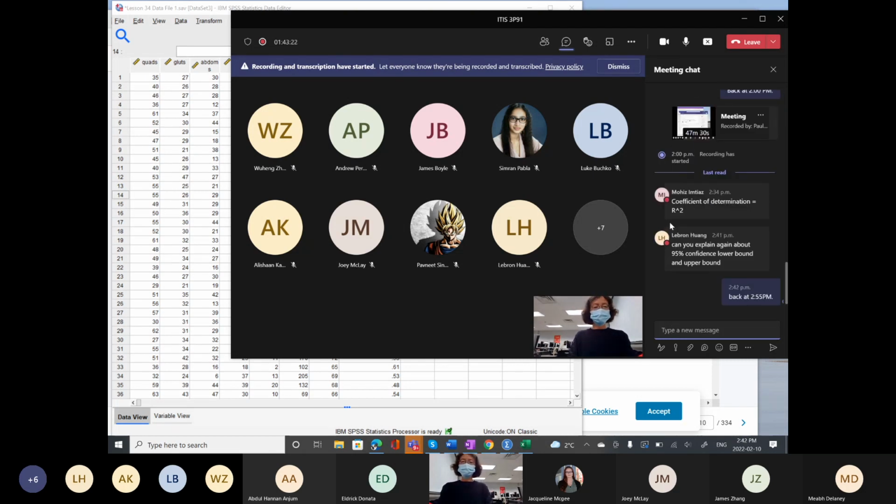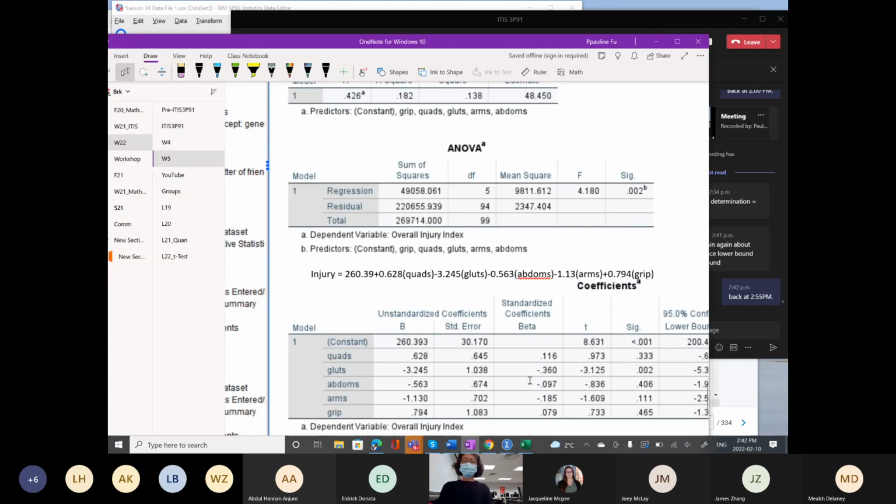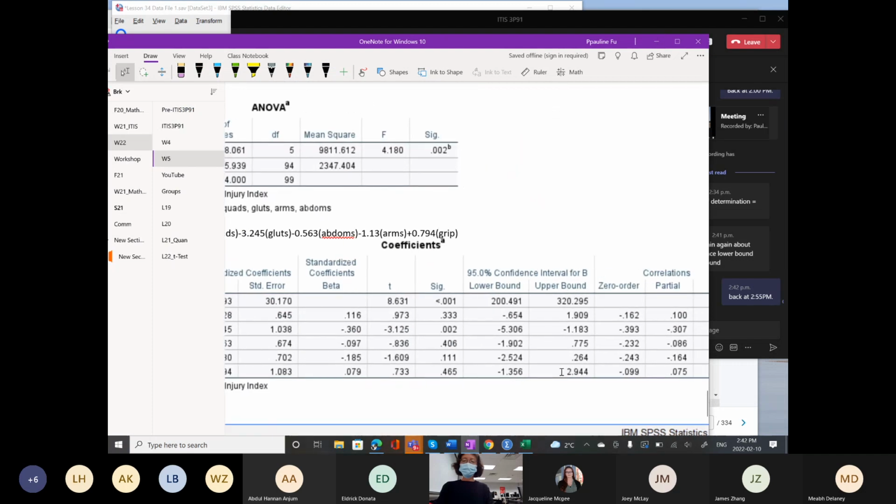So I'm going to check the questions. Can you explain again about the 95% confidence lower bound, upper bound? Okay, if the confidence interval includes 0, for example, from negative 1.356 to 2.9, 0 is inside this confidence interval. That means it is not significant. Here the p-value is 0.465.